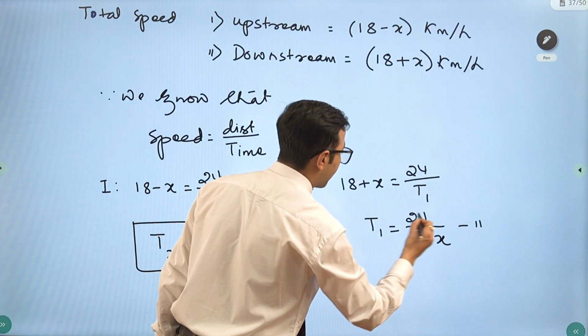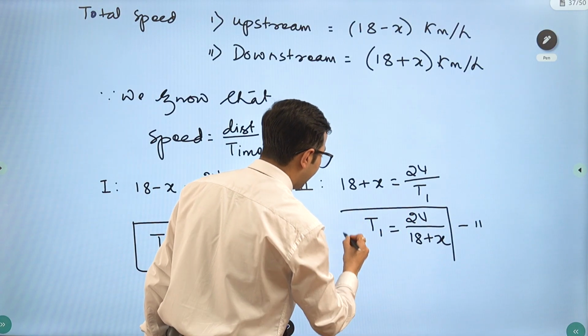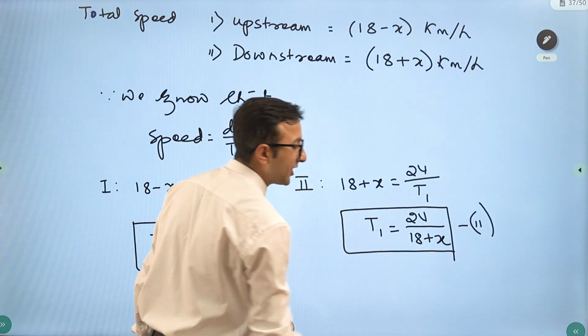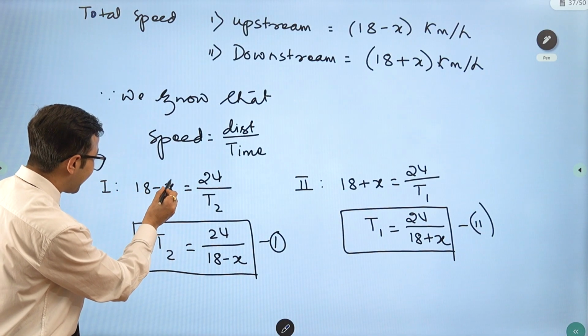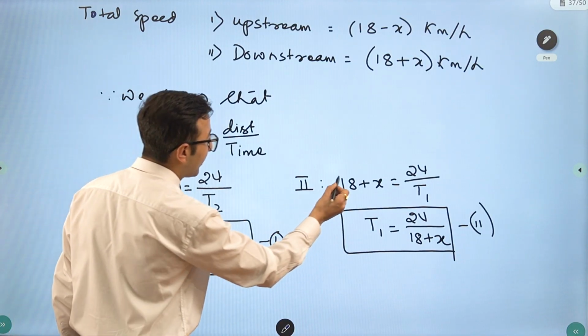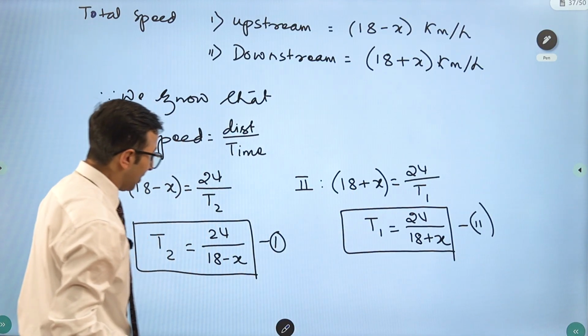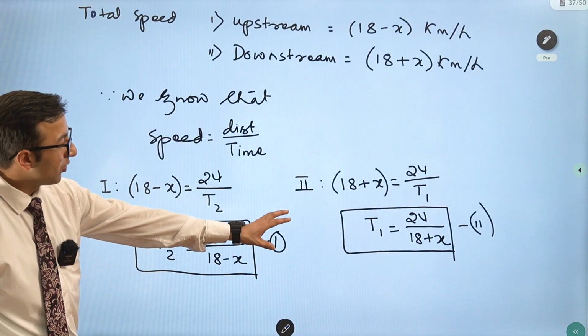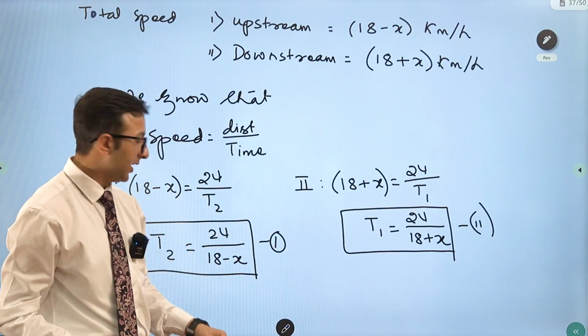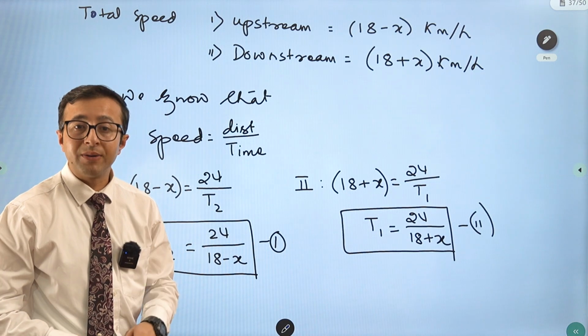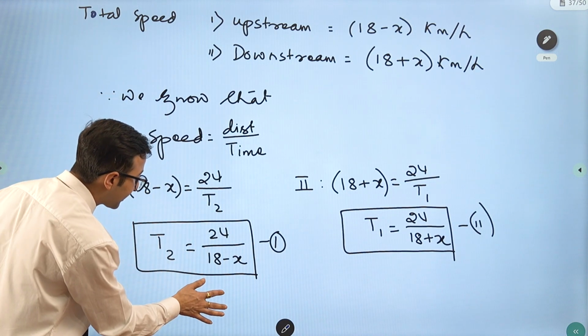This will be equation number 2. You know that if cross multiplication is possible, then cross movement is also possible. This 18 minus x and T2 will exchange their places. So we got the expressions of T2 and T1 in terms of x. Now we will see the relation of their time.